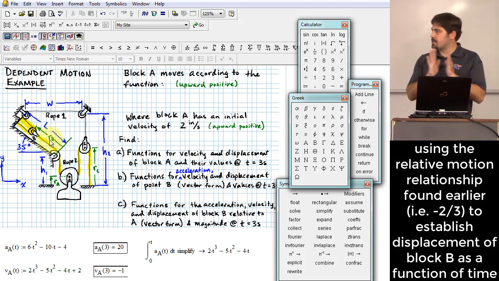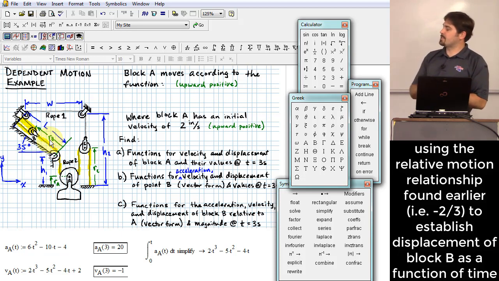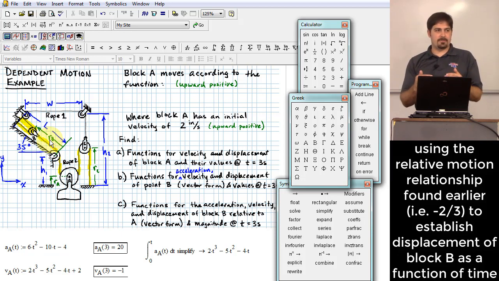It's a kind of separate question. It's actually probably easiest to think of it in terms of velocities. If the velocity of B is positive, does that represent a positive or negative component in the horizontal direction for that point B? Okay.